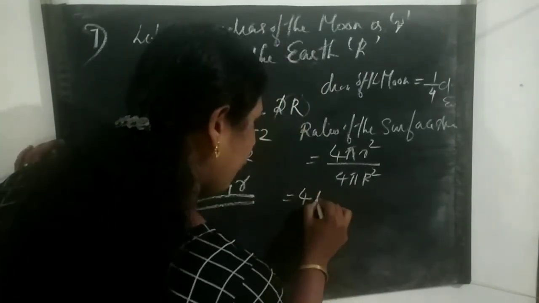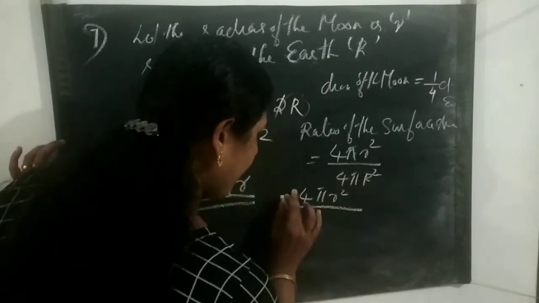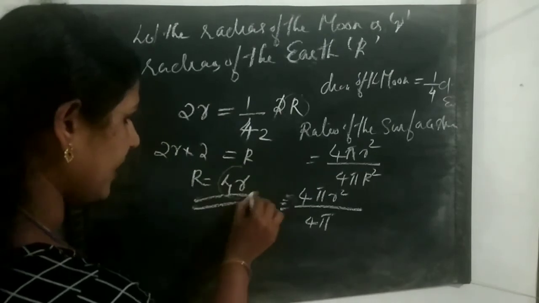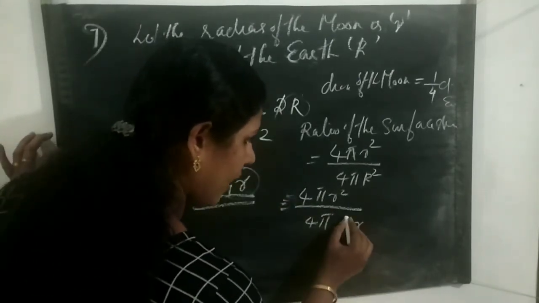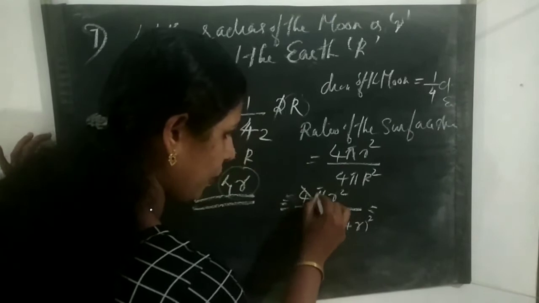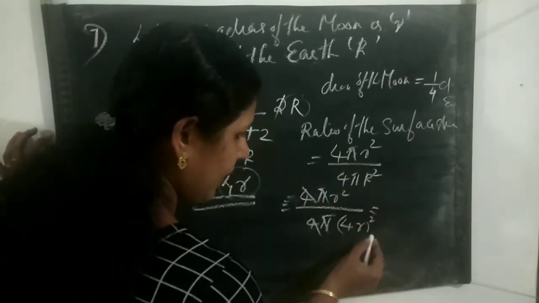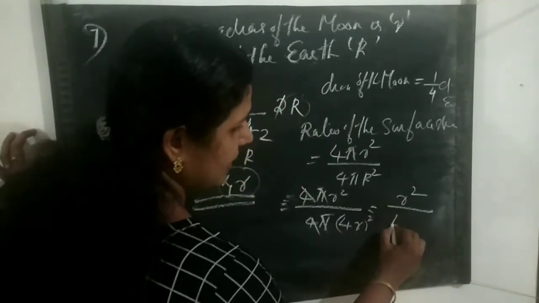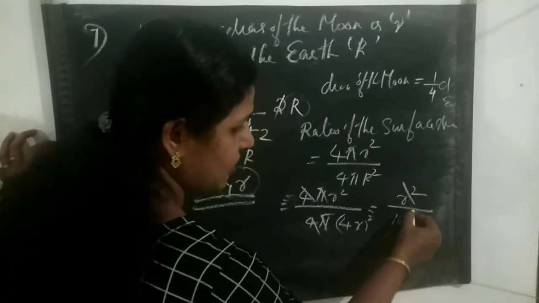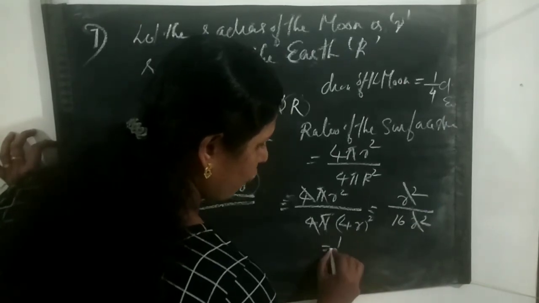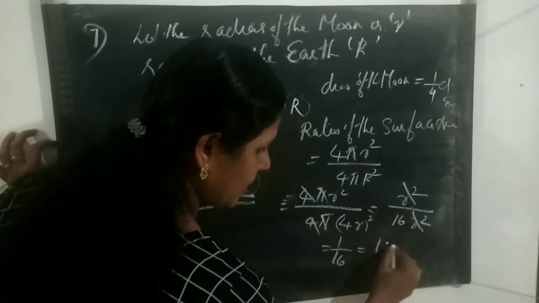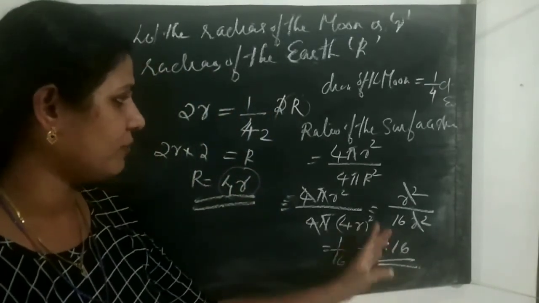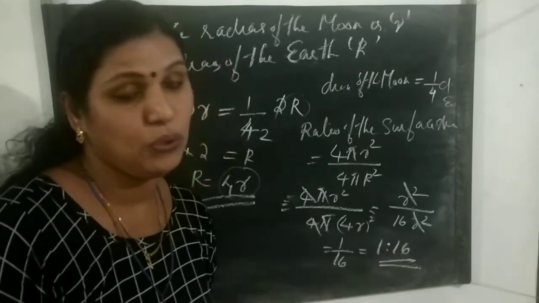Here 4 pi capital R square is 4 pi into 4r whole square. 4 pi cancels. Now we get r square over 4 square, that is 16 r square. This r square cancels. Now we get 1/16, that is 1:16. So the ratio of their surface areas is 1:16.